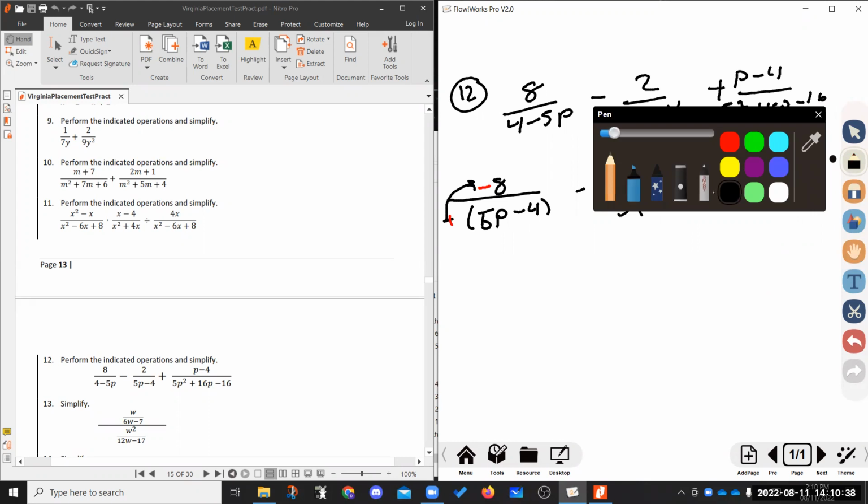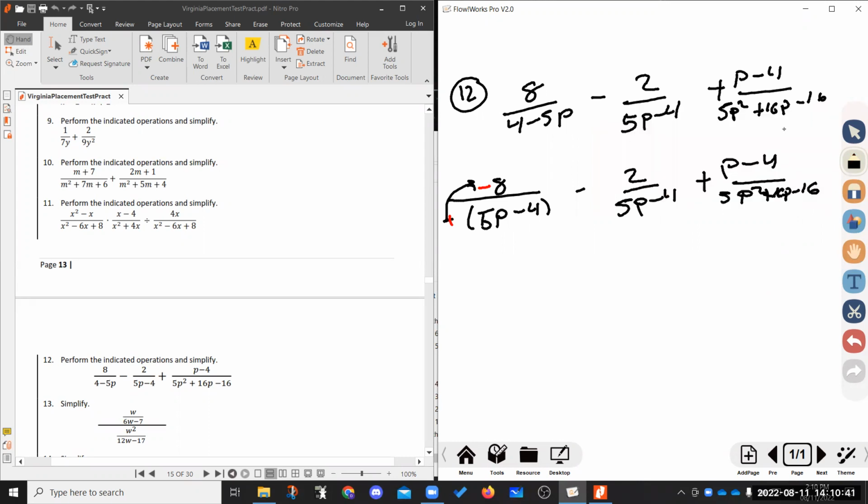That's completely legal because -1 over 1 is the same as 1 over -1.